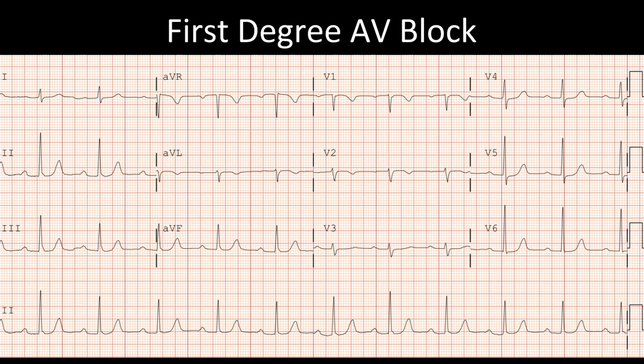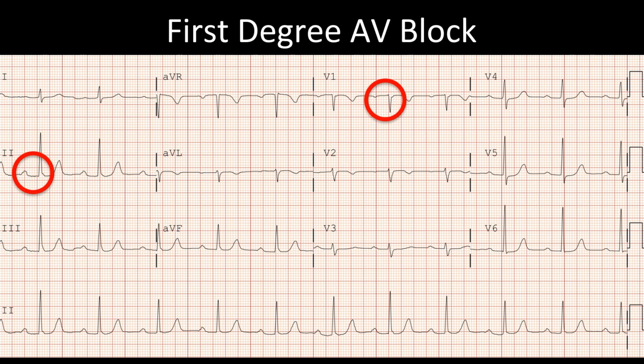Here's another example, and what I would do is find the beginning of a QRS or beginning of a P wave that lands on the dark line or the beginning of a large square and use that to eyeball whether the PR interval is greater than one large square. And here you see that it definitely is.